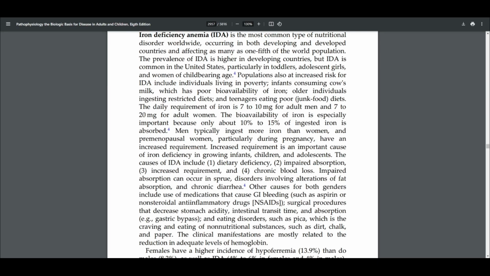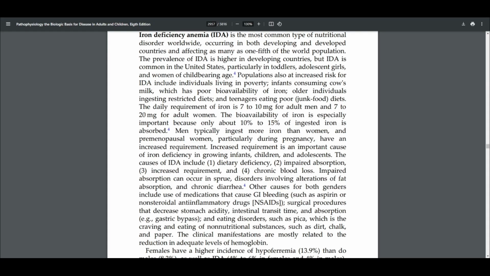The causes of IDA include dietary deficiency, impaired absorption, increased requirement, and chronic blood loss. Impaired absorption can occur in food disorders involving alterations of fat absorption and chronic diarrhea.